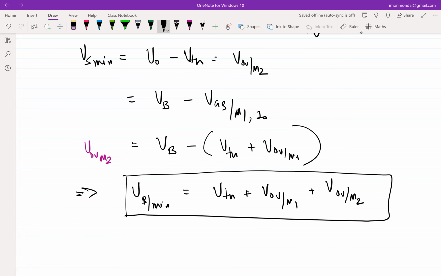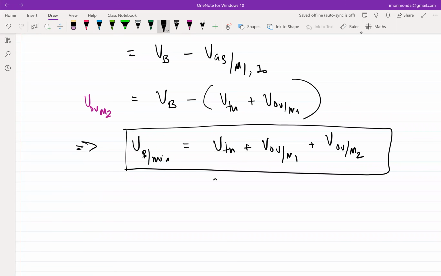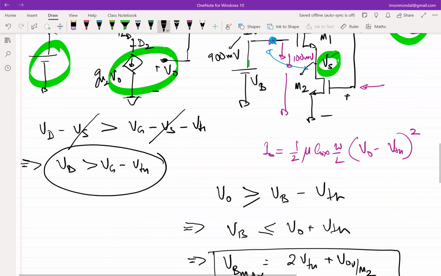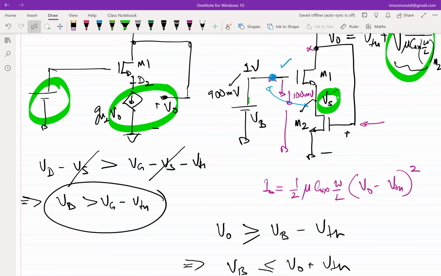Okay, so now if I put back the numbers, we assume the threshold voltage to be 0.4 and the overdrives to be approximately 200 millivolts, so 0.2 and 0.2. So this becomes 0.8 volts. So the maximum limit was 1 volt and the minimum limit is 0.8 volt. That will obviously change if the overdrive and threshold voltage keep changing. Okay. Any questions?